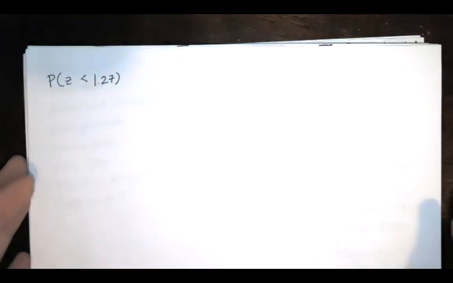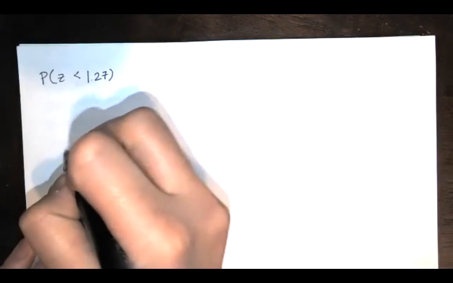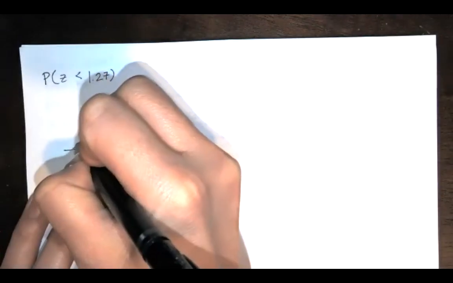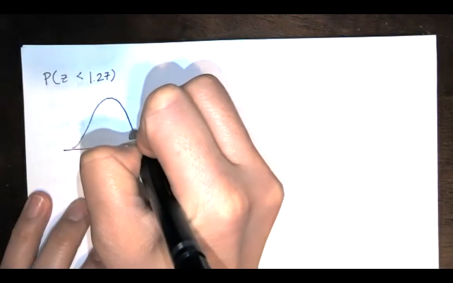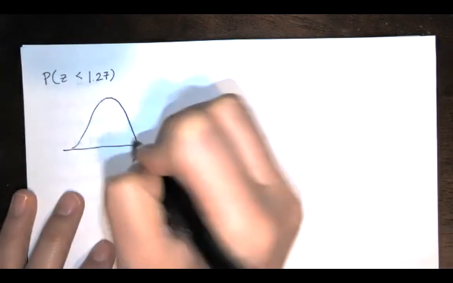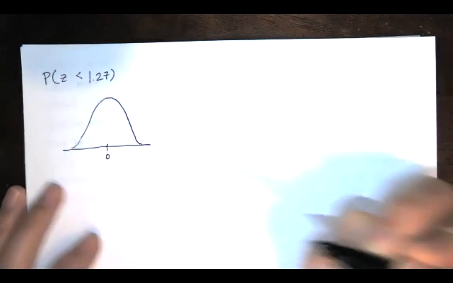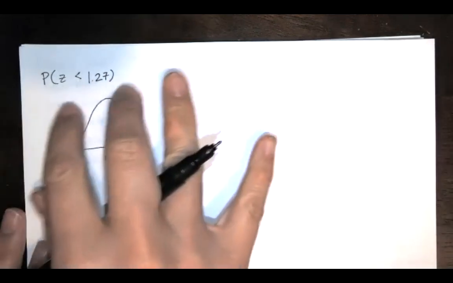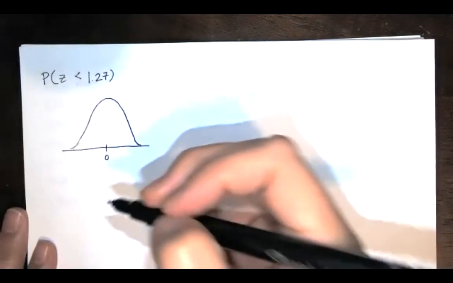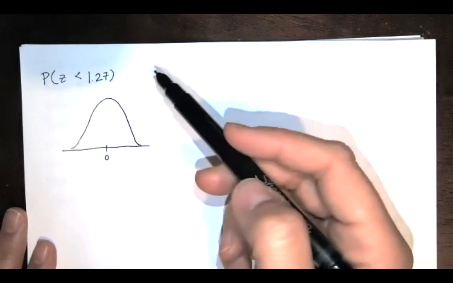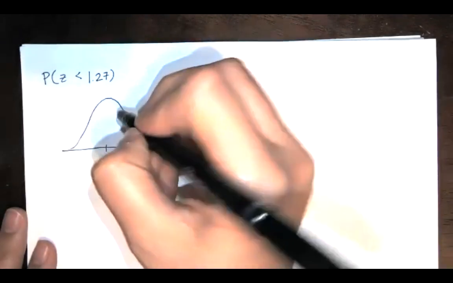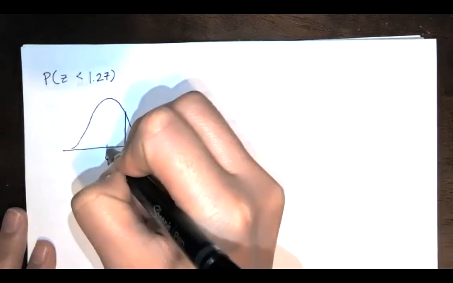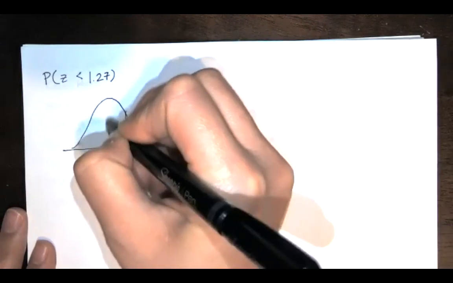I always like to start these problems by drawing a standard normal distribution. So we've got something that looks like this. And remember, with a standard normal distribution, the mean is in the middle and the mean is 0. So another way you can interpret this expression is to say, what's the probability that a z-score is less than 1.27?